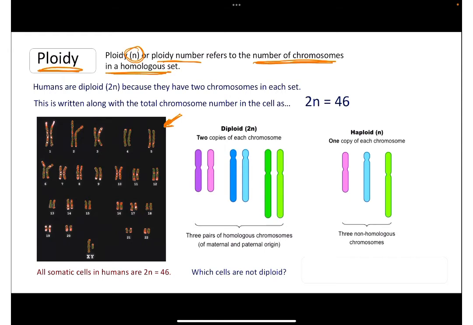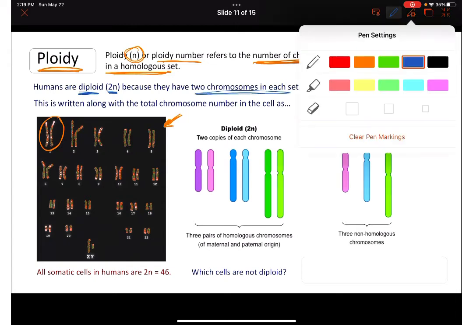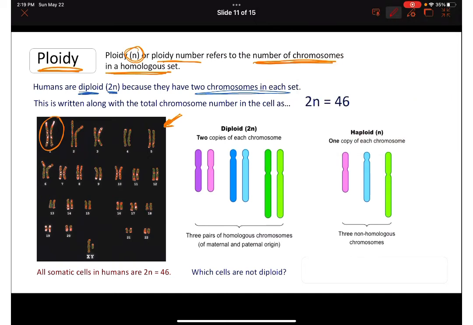And the answer to that is 2. And so because of that, humans are considered diploid. And we write that as 2n. Again, because there's 2 chromosomes in each homologous set. And to be a little more complete, the way we write this out is 2n equals 46.